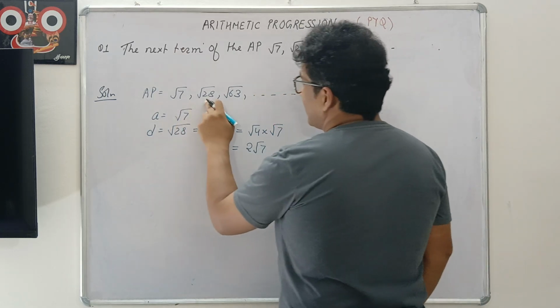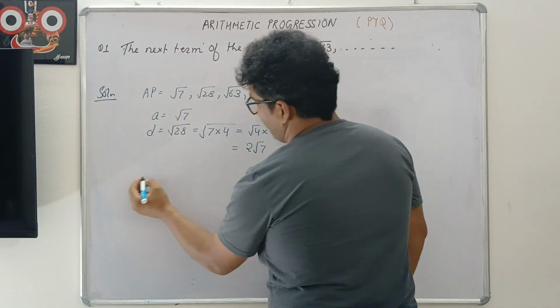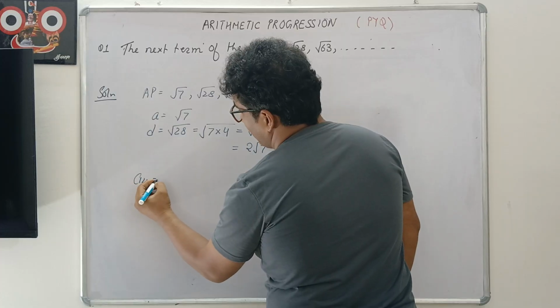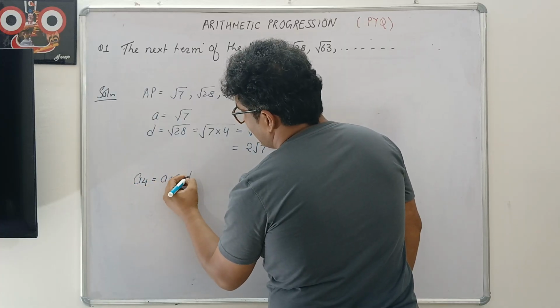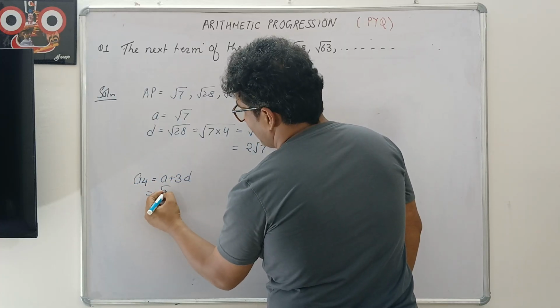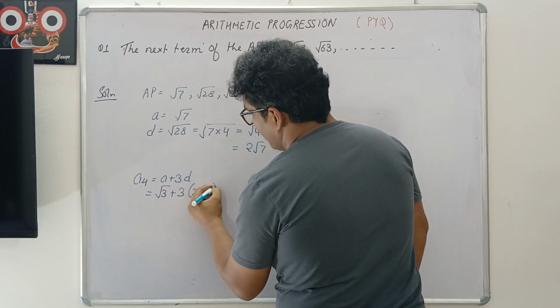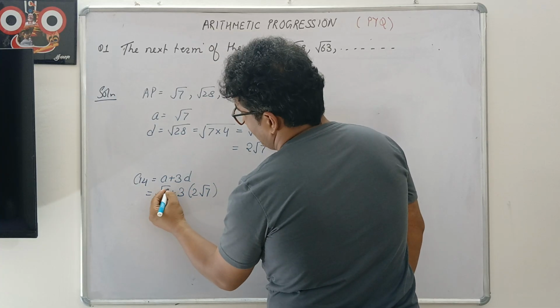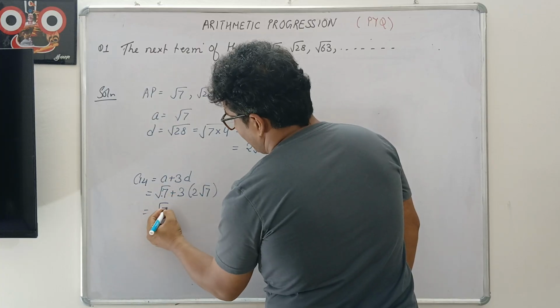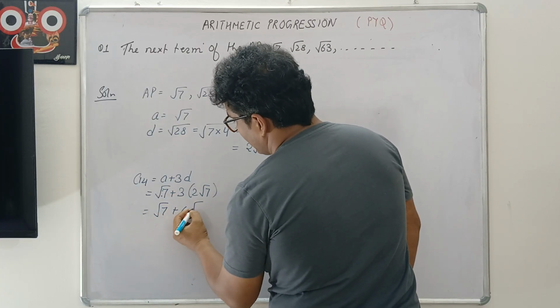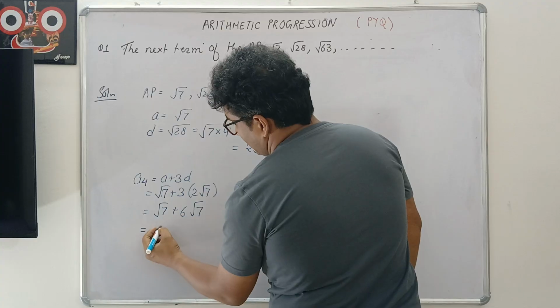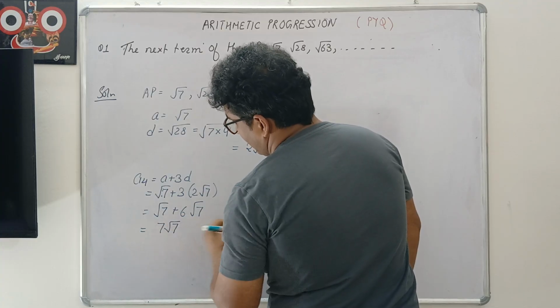Now the first term, second term, third term, fourth term, you have to find out. So the fourth term is A plus 3D. A is root 7 plus 3 times D, which is 2 root 7. So this would be root 7 plus 6 root 7, that is 7 root 7.